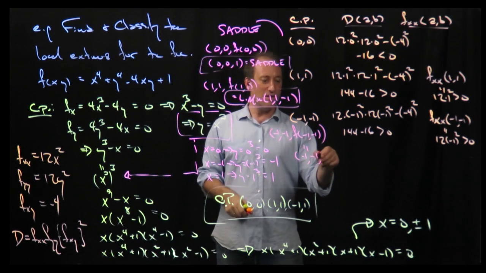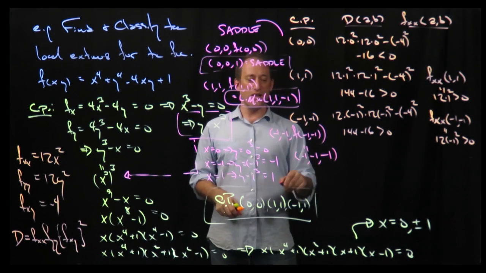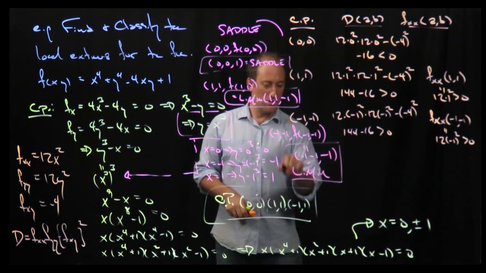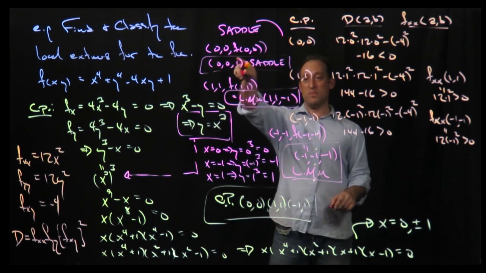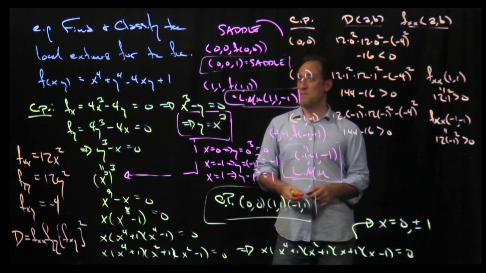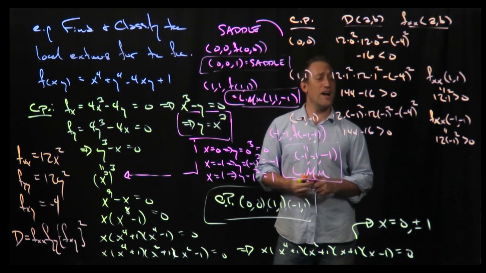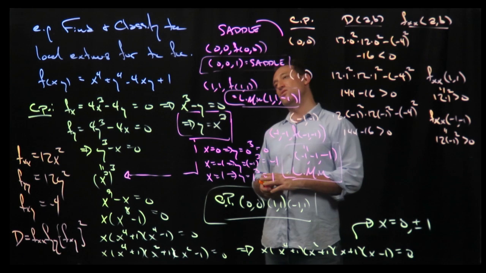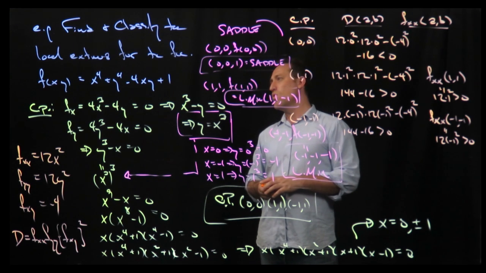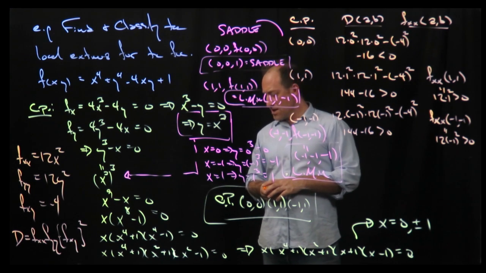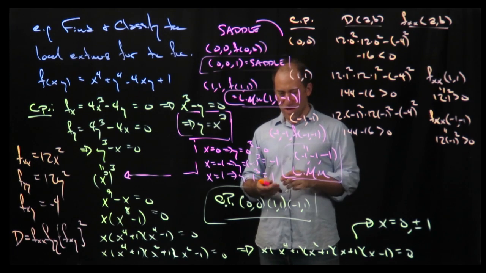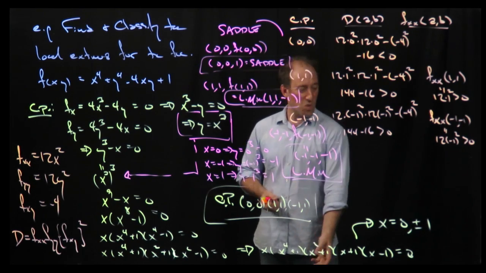So this is again a minus 1. Local min. So in pink, I've got my classified critical values, namely saddle at (0, 0, 1), then local mins at (1, 1, minus 1) and (minus 1, minus 1, minus 1).